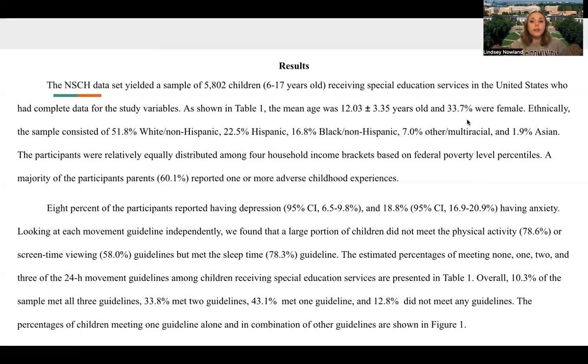And they were 33.7% female. So I'm describing the percentage of gender identified in this participant pool. Ethnically, the sample consisted of 51.8% white or non-Hispanic, 22.5% Hispanic, 16.8% Black or non-Hispanic, 7% other or multiracial, and 1.9% Asian.